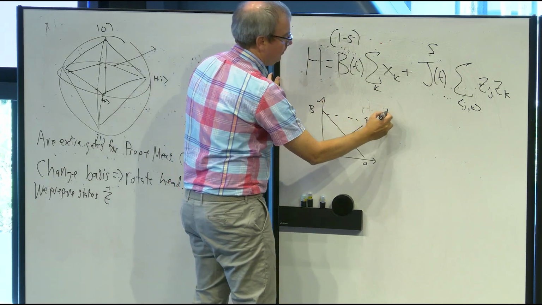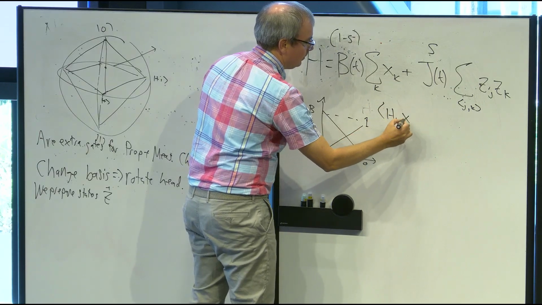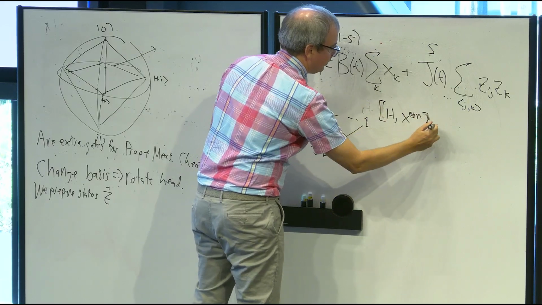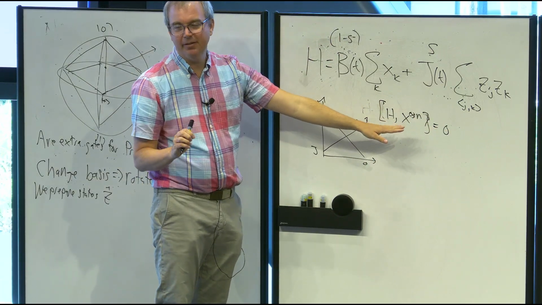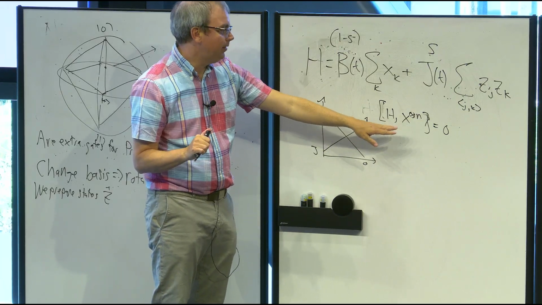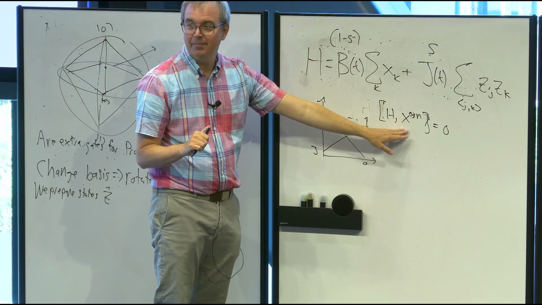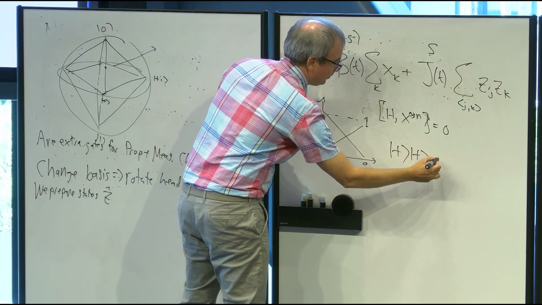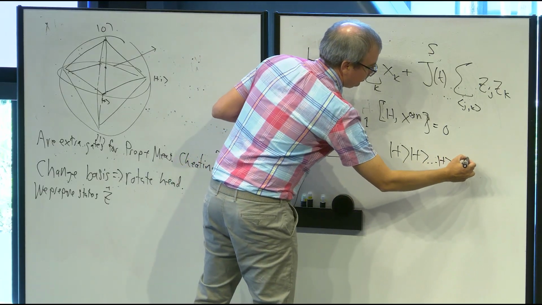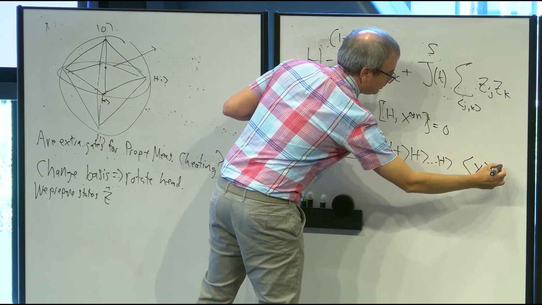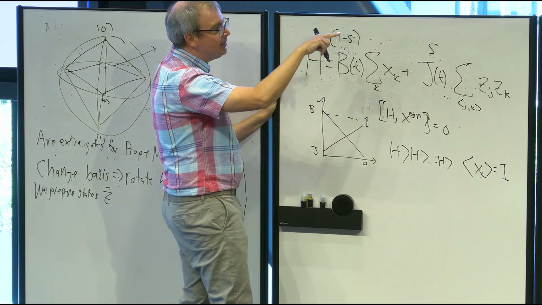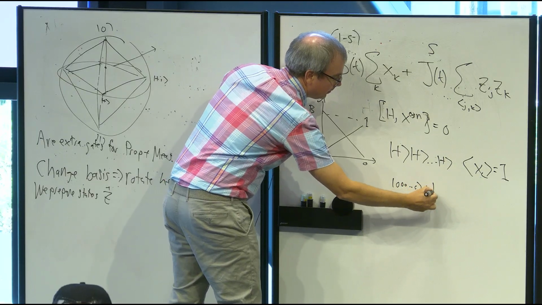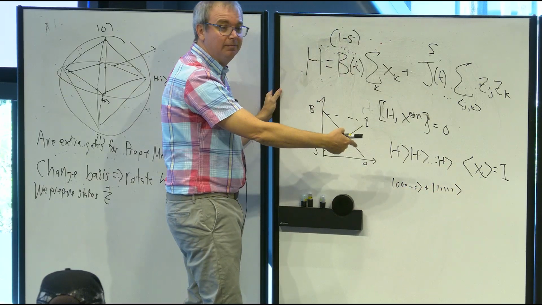But this Hamiltonian commutes with this logical X operator. So the value of this logical X operator should be the same. And because if I start in the all plus state, the ground state I get to on this side has to be this one.